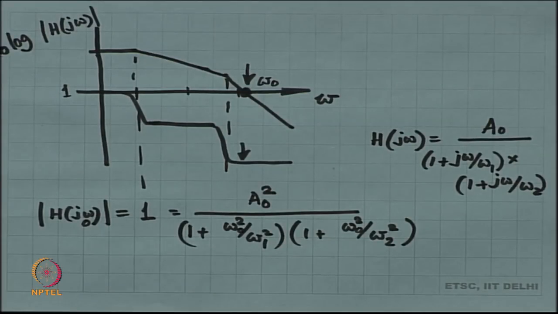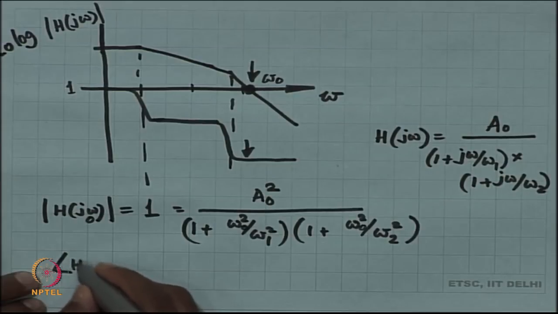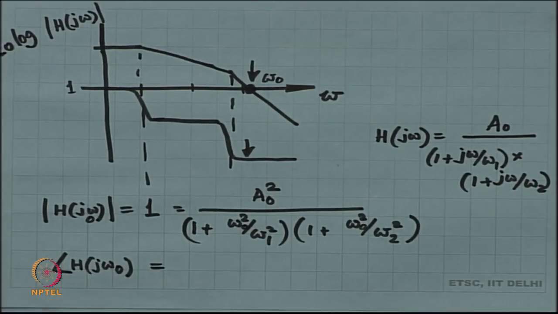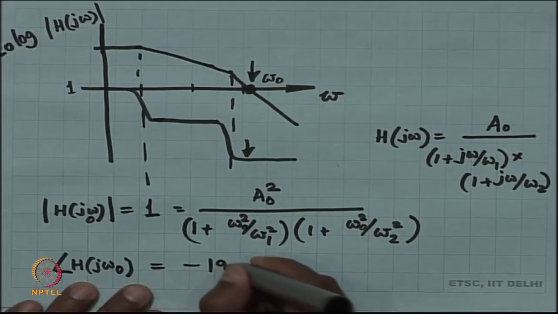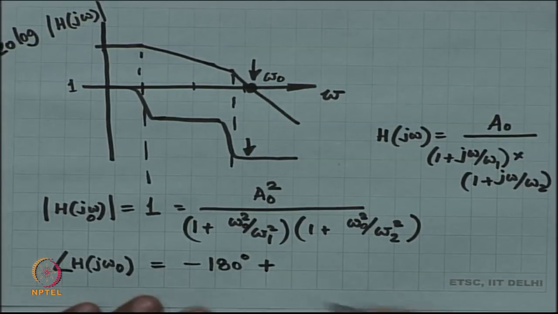And then we said that at the frequency omega naught, angle of h of j omega is equal to minus 180 degrees plus a certain phase margin. This was my phase margin requirement.